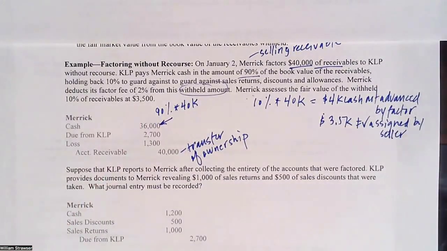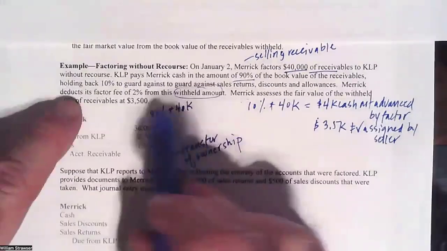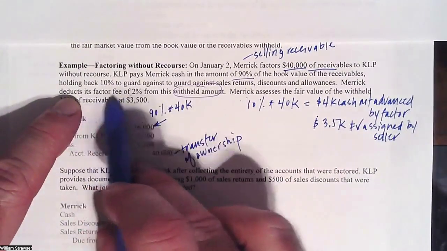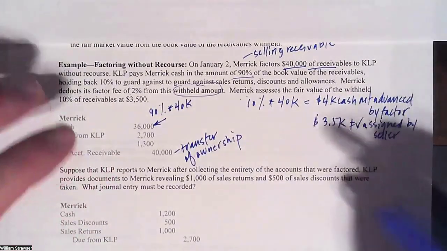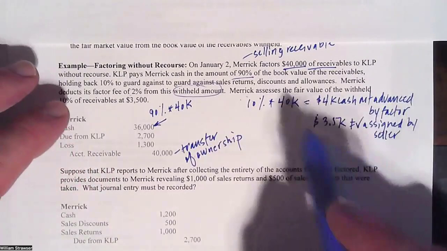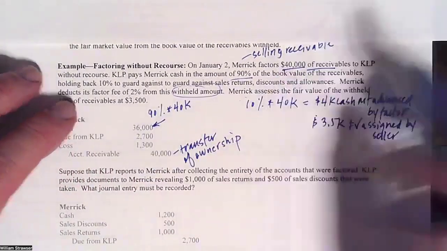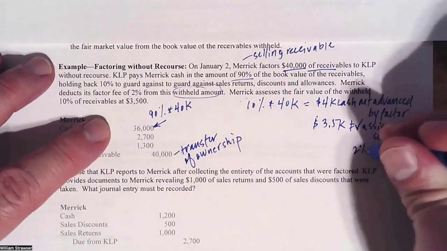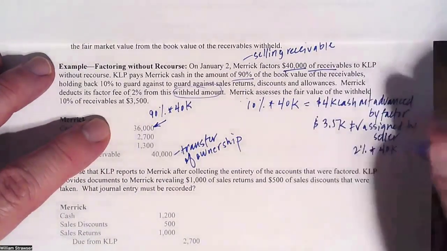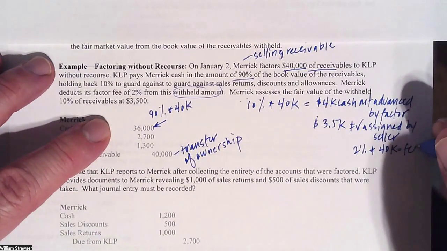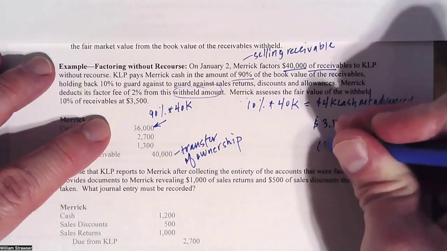So we could maybe record that, except remember, the factor takes its fee from the receivables it withholds. So it's withholding that 10%, and 2% of the full amount of receivables sold is the fee that the factor's charging. And that fee is $800.